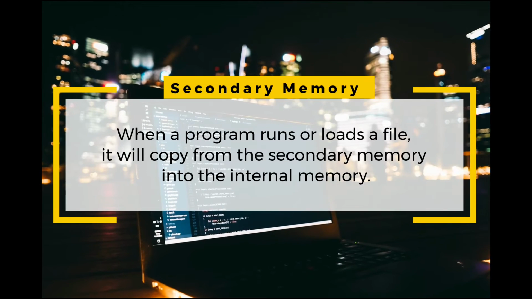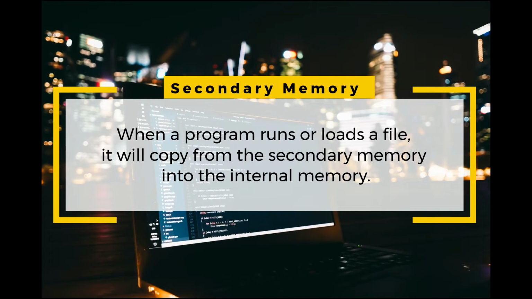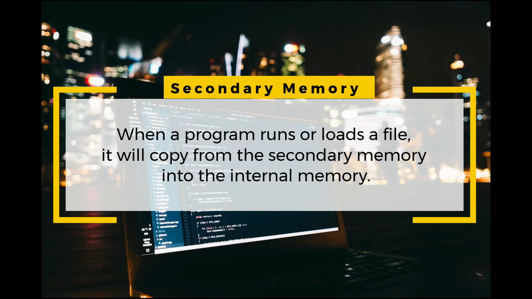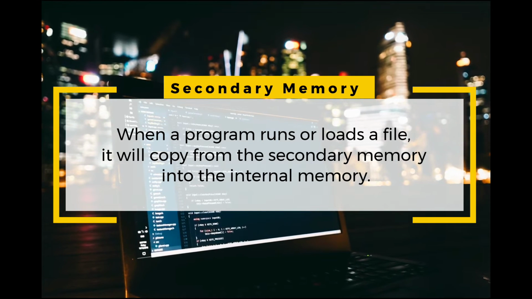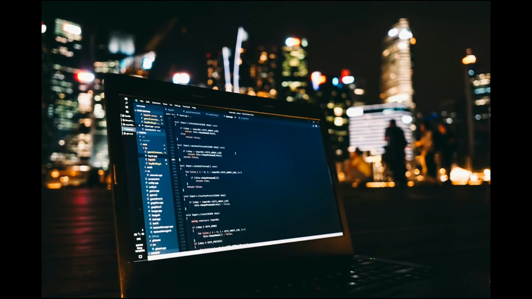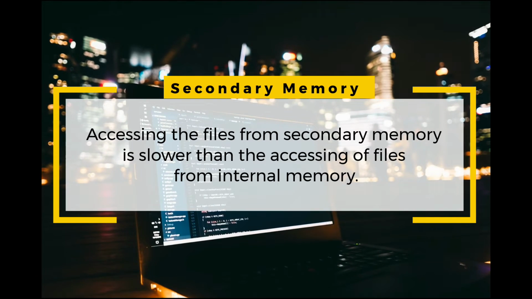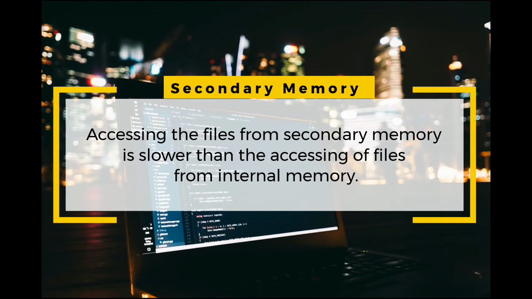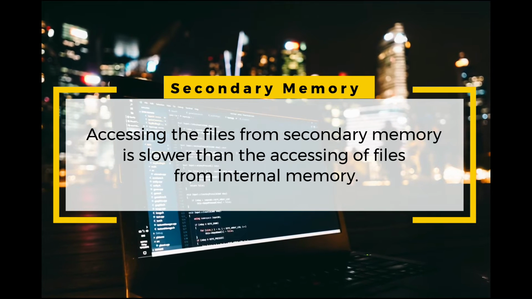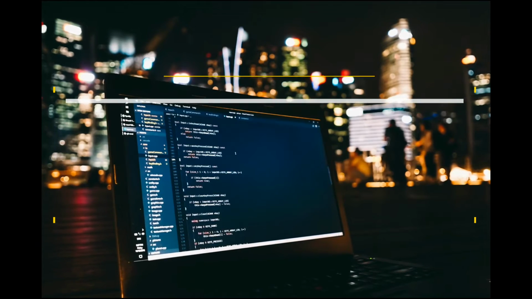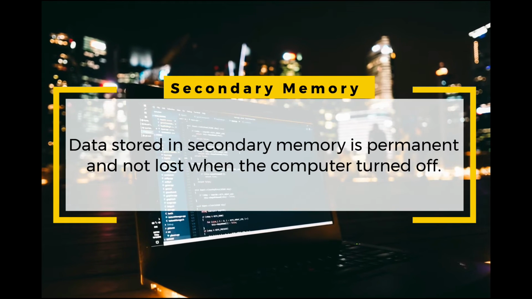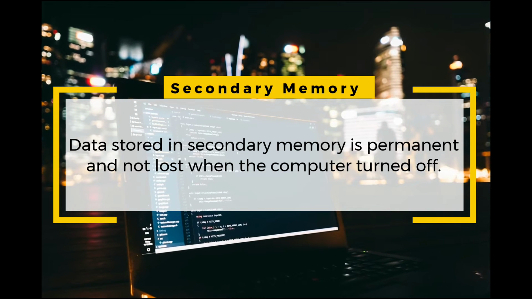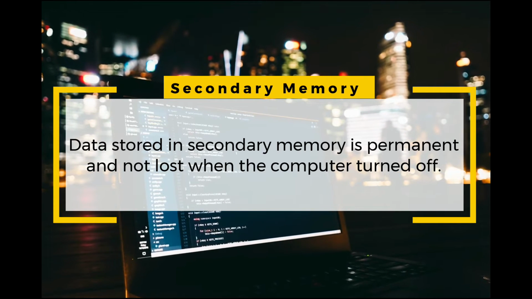When a program runs or loads a file, it is copied from the secondary memory into the internal memory. Accessing files from secondary memory is slower than accessing files from internal memory. Also, data stored in secondary memory is permanent and not lost when the computer is turned off.